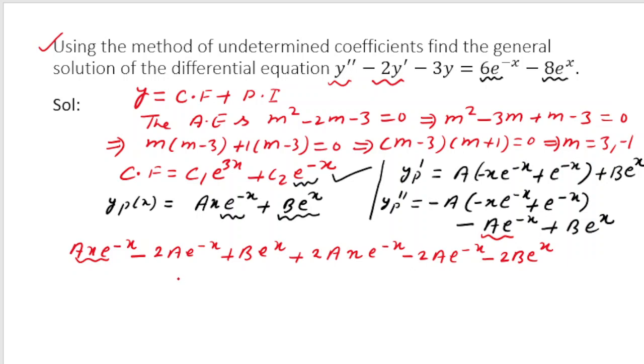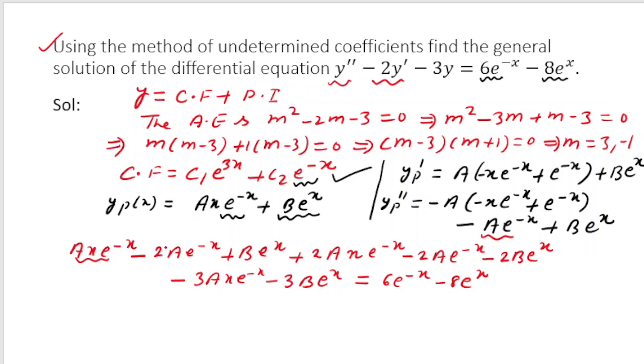So I write it here: minus 3, and y is 3a x e to the power minus x, and minus 3b e to the power x, and this whole thing is equal to 6 e to the power minus x minus 8 e to the power x.